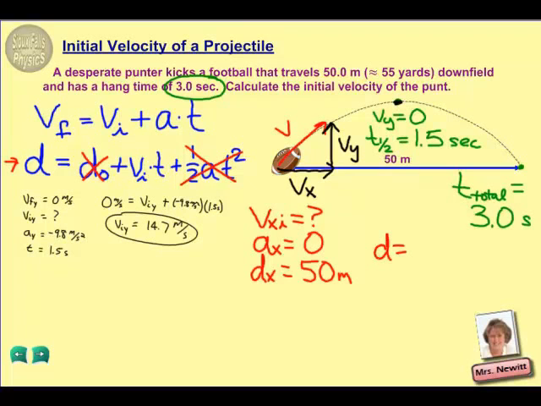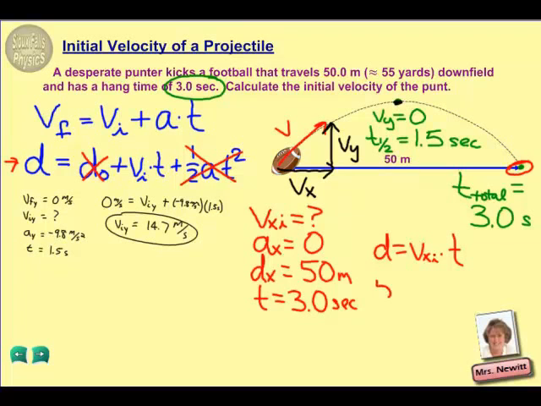Distance is equal to horizontal velocity times time. And again, in this case, our 50 meters takes us all the way to the end. So the time that we want to be including here is the full 3 seconds.